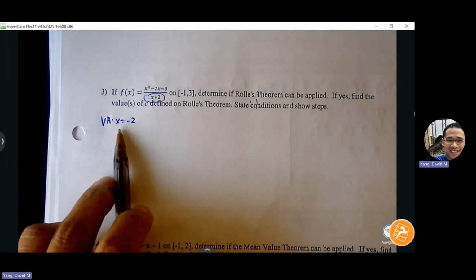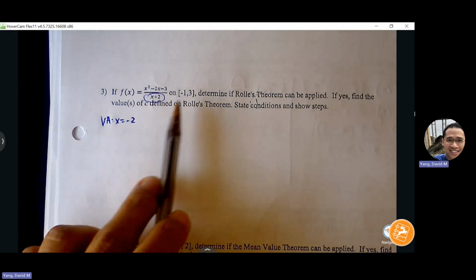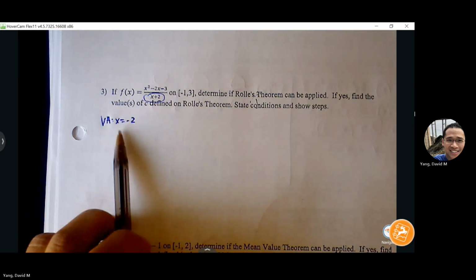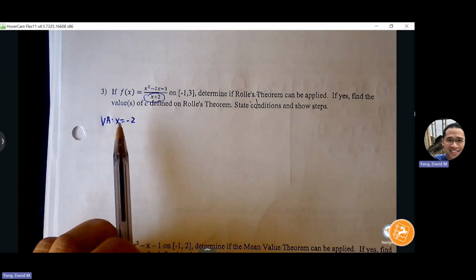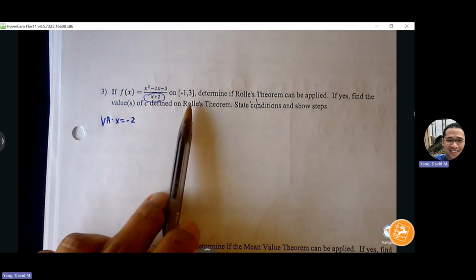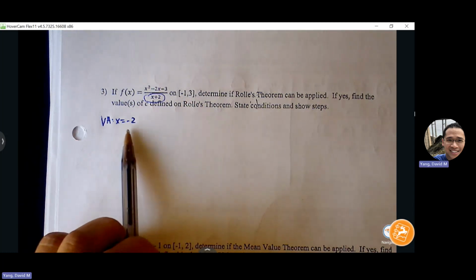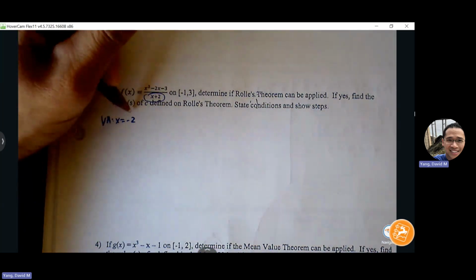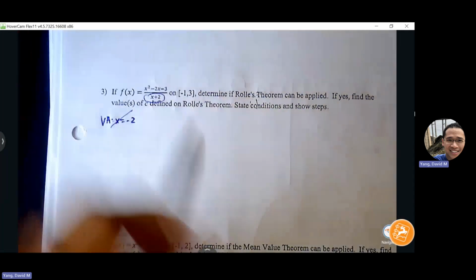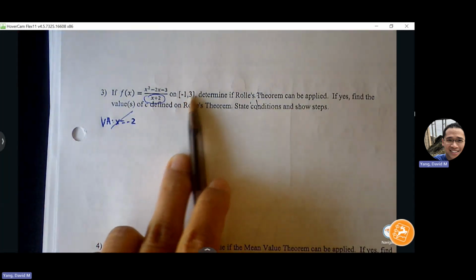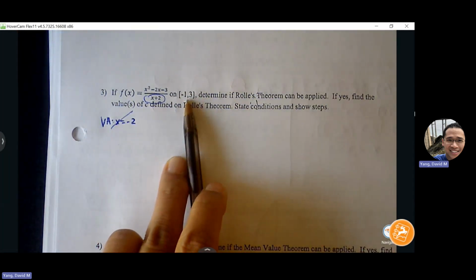But just because there's a vertical asymptote, does it mean that we can automatically say that function is not continuous? No. Because we only care about continuity where? -1 to 3. And this one is inside or outside the interval? Outside. So we saw that there was a vertical asymptote, but it's not disrupting our interval. Our interval is going to be safe. So we can continue forward with Rolle's theorem.